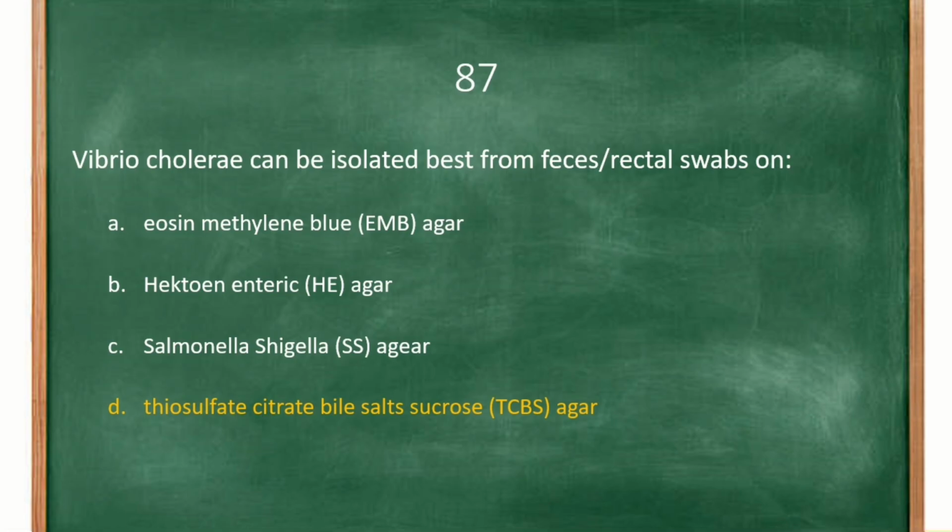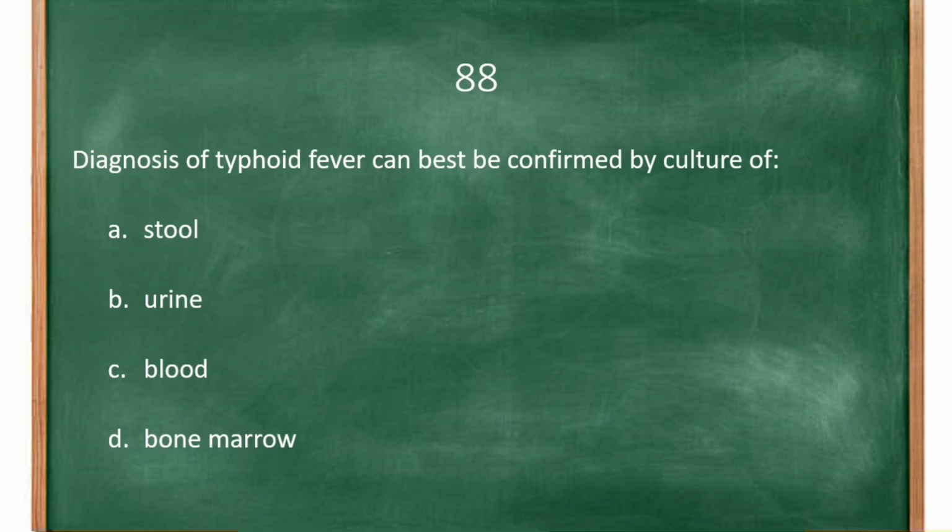Then Hektoen enteric agar is used for isolating enteric gram-negative bacteria, particularly Salmonella and Shigella, and it's not selective for Vibrio cholerae. Then Salmonella-Shigella agar is selective, of course, for Salmonella and Shigella species and does not support the growth of Vibrio cholerae effectively. Okay. Next question, 88.